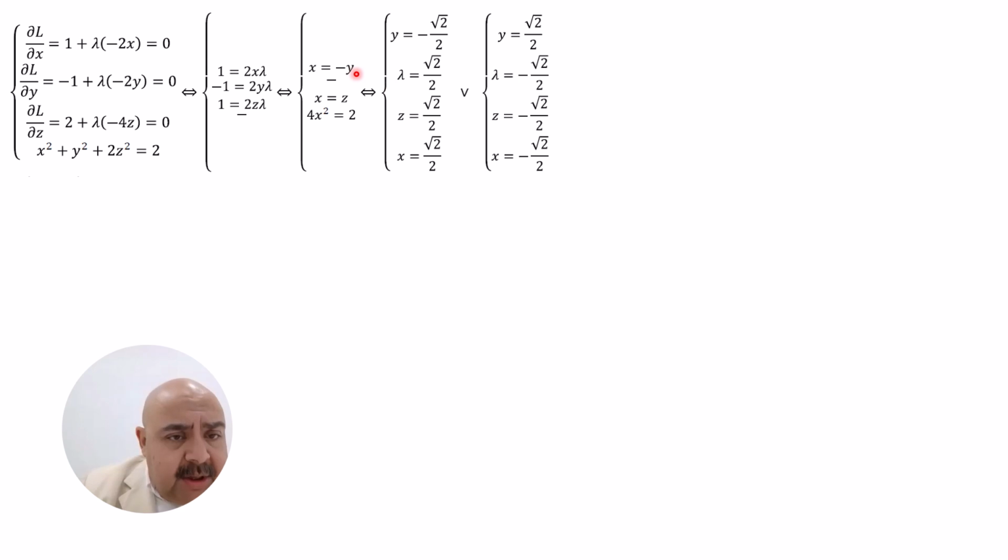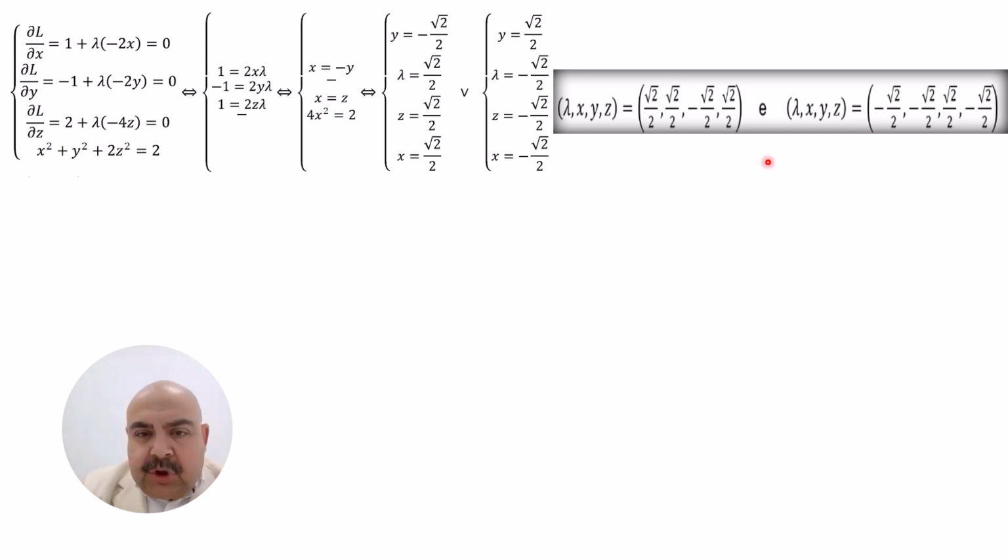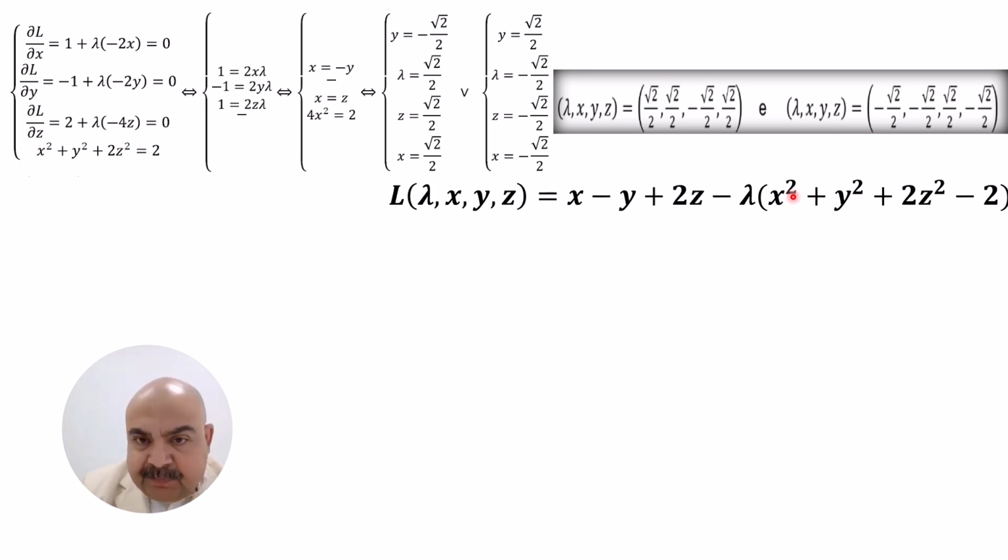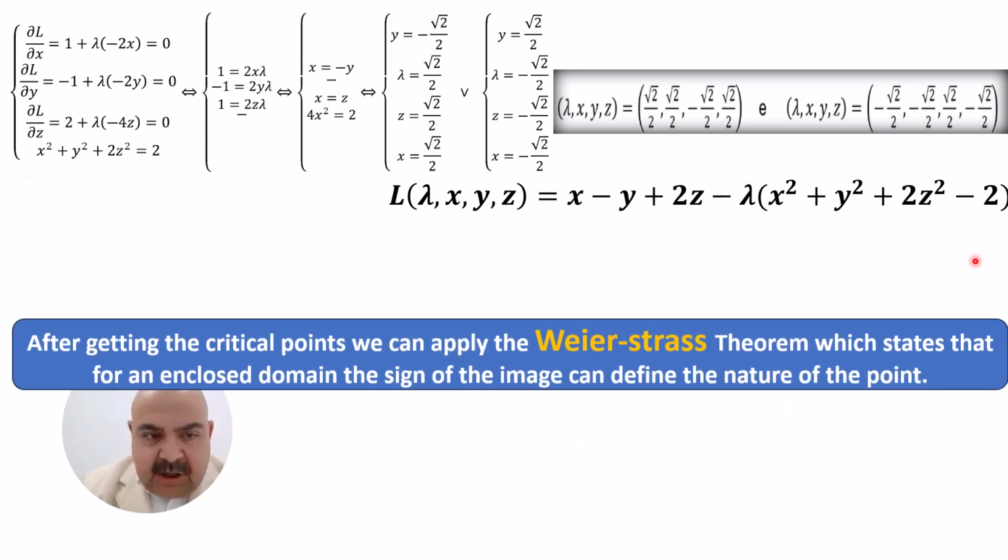Once more, this is just a summary of what we did, the first order derivative, working them all together, getting the results over there, and these are the two stationary points that we already have. Once more, that's the Lagrange multiplier function that we are dealing with.